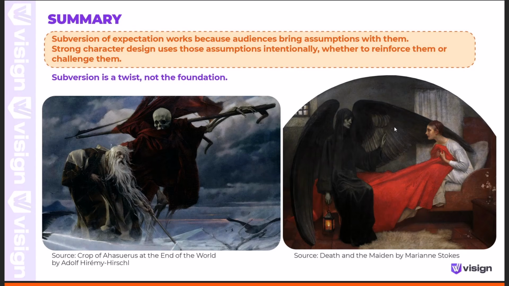But here's another piece. This is Death and the Maiden by Marianne Stokes. And this is a different interpretation of death, who's a lot more melancholic and calm, not threatening, but someone who's, I wouldn't say welcoming either, but not someone who's there to hurt this woman.